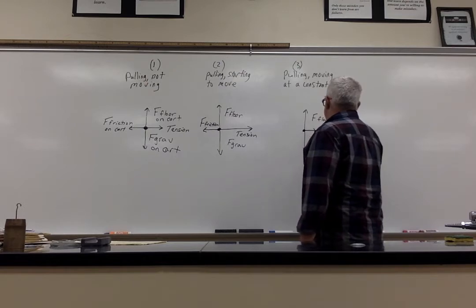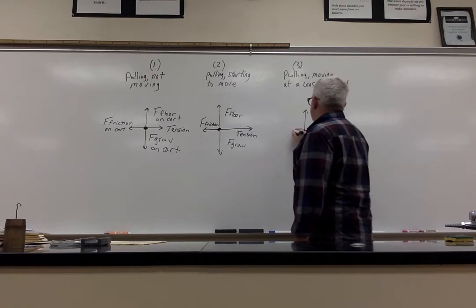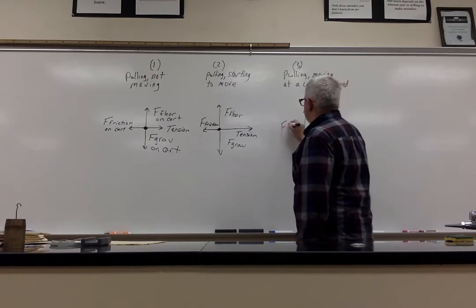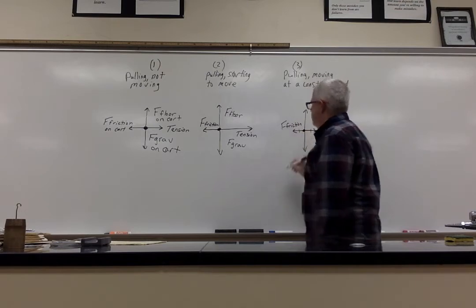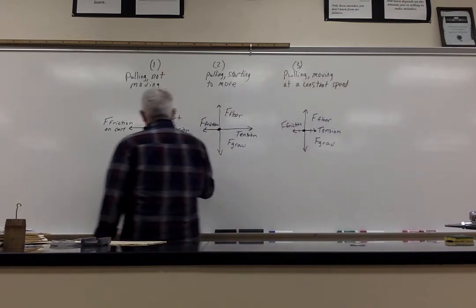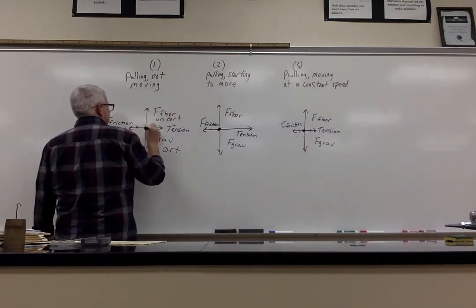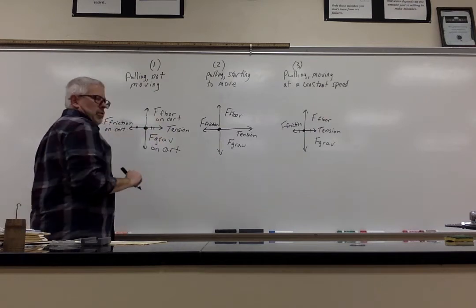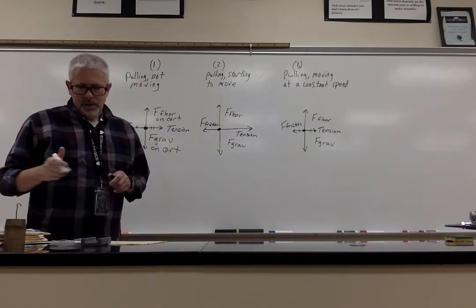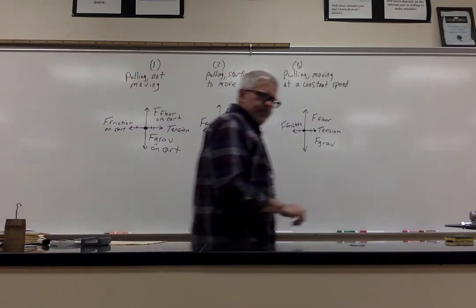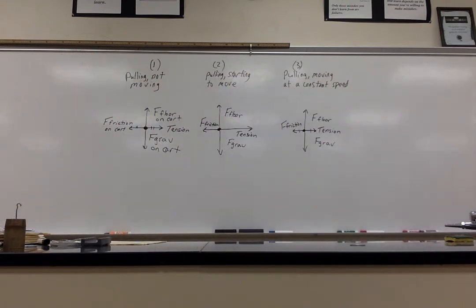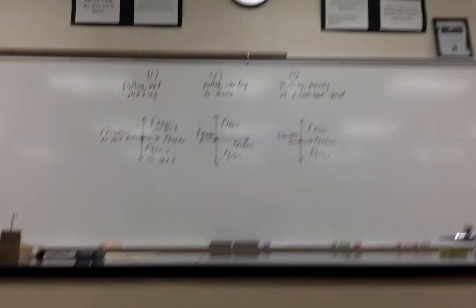I'll say something like this: tension and friction. The up and down forces are always the same. Okay. So we've got one more force still to go. And I'm going to back off with this so you can visualize it again.